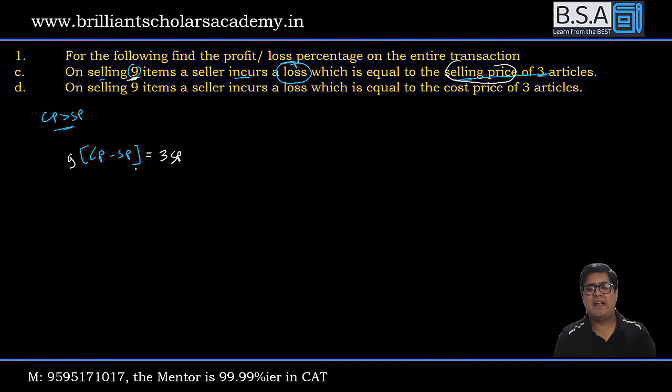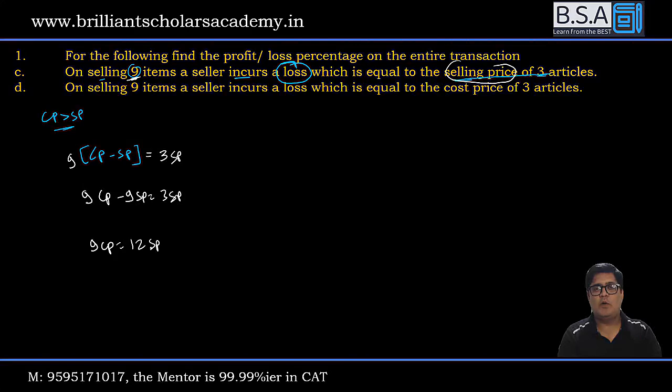You want to cancel 9 and 3? Perfectly fine. If not, observe 9 CP minus 9 SP is equal to 3 SP. 9 CP is equal to 12 SP. CP goes below, 12 goes below. 9 upon 12 is equal to SP upon CP.